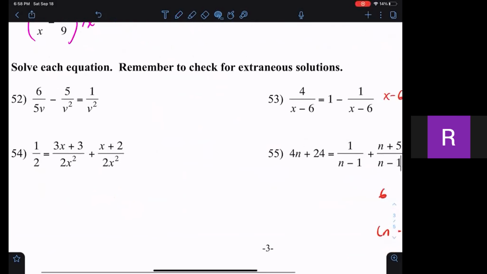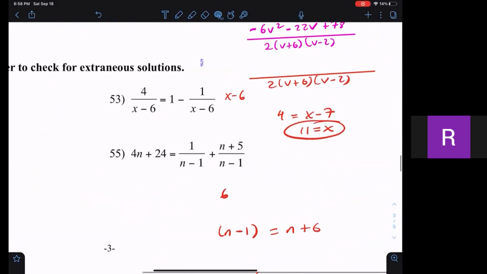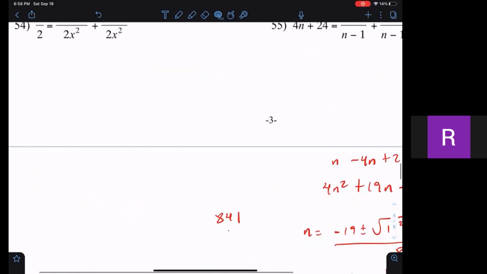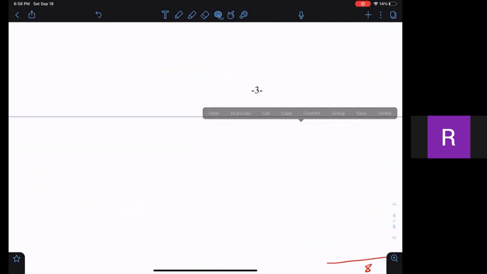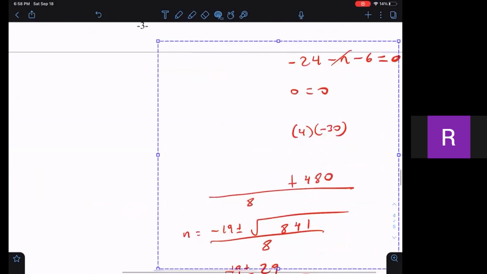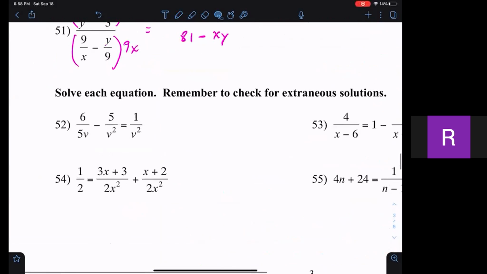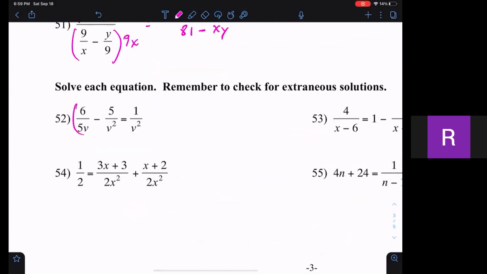Here, I need to solve the equation. Remember to check for extraneous solutions, right? This is the last one, right? Yeah. Okay. So here I'm gonna multiply by 5b squared, okay? Then that's gonna cancel out the 5b with the 5b, so that's gonna be 6b squared, minus 5b squared, so that's gonna be 25b, right?